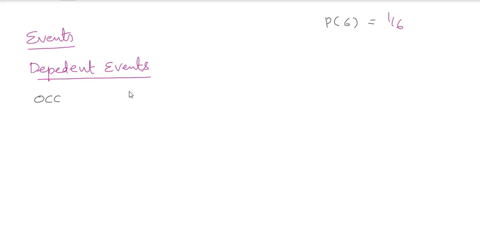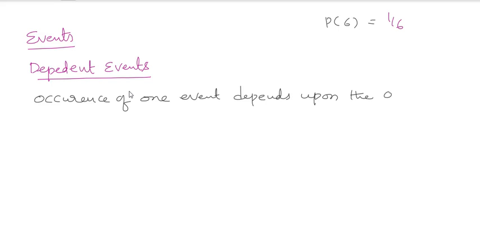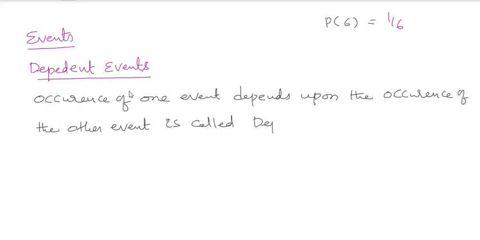So note down: occurrence of one event depends upon the occurrence of the other event is called as dependent event.